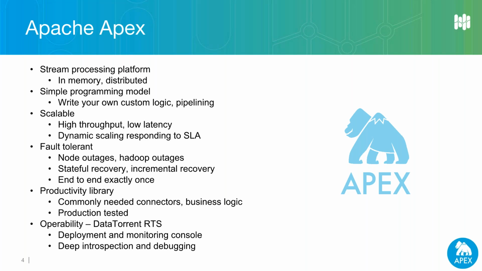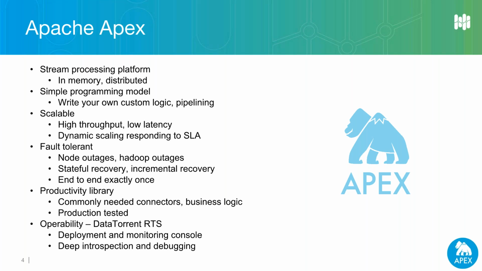We also have a library called Malhar. It's an open source library wherein you will find all the commonly needed connectors, which will help you to quickly build up your applications. For example, you will find Kafka input operator or HDFS input operator, which are fault tolerant, and you can just add them into your application.